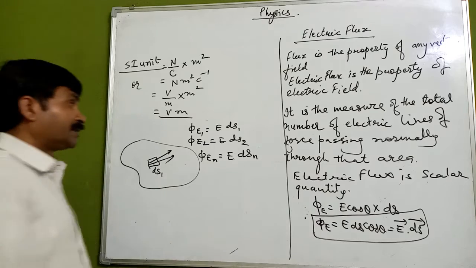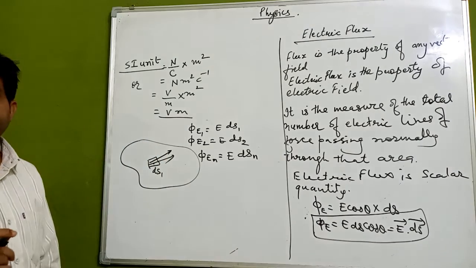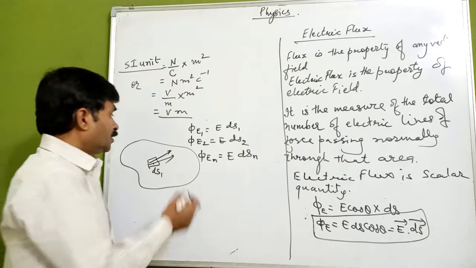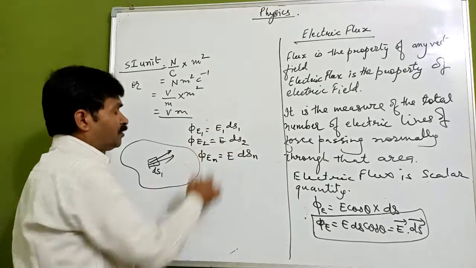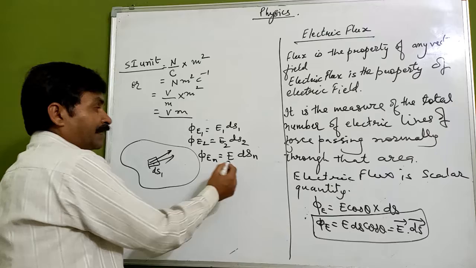Now if we add them, phi E1 is equal to E1 dS1, and here we have to take E2, because there will be a different electric field.